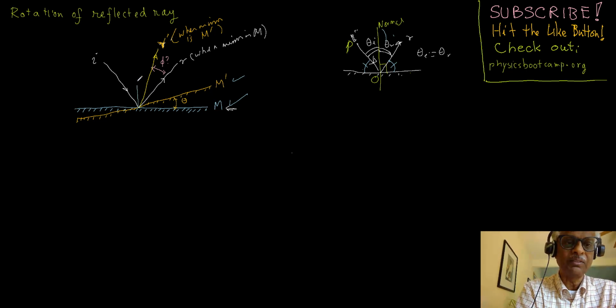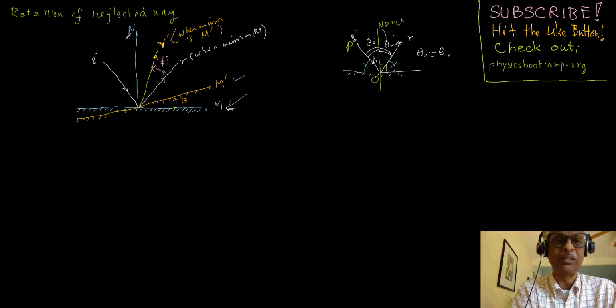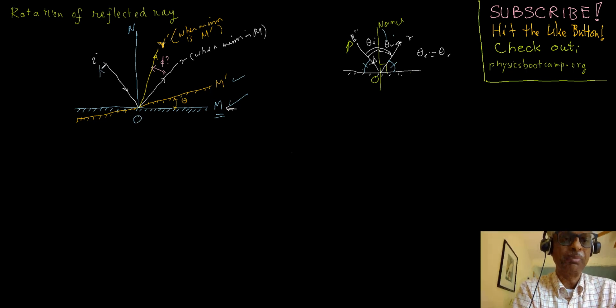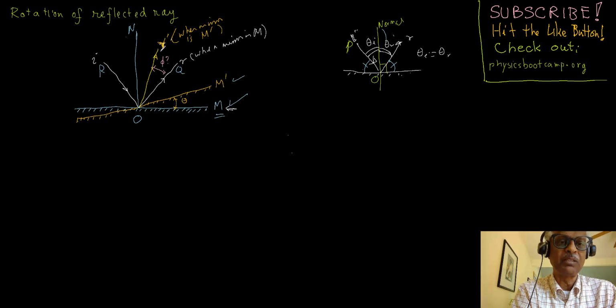Originally, this is the normal. Let's use the letter N for the normal to M. And let's put letter O here, letter P here, and letter Q here. This one, let's call it Q prime.